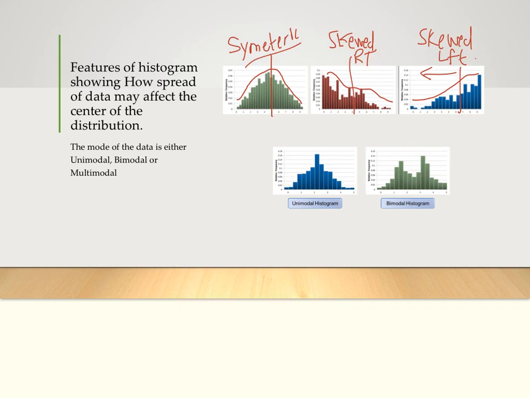And then we also talk about the mode of a distribution, and mode has something to do with the most frequent observations, typically. So in this shape, there seems to be only one center of the distribution. That's called unimodal, and in this case, there's two potential centers of data, which we call bimodal.